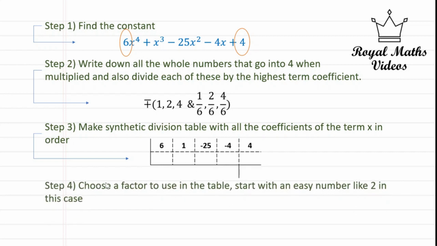Right, so step 4 is to choose a factor to use in the table. Start with an easy number from here, so pick a good and easy number. Start with an easy number like 2 in this case, so we will begin with 2. So what we do is put 2 on the left hand side of this table.